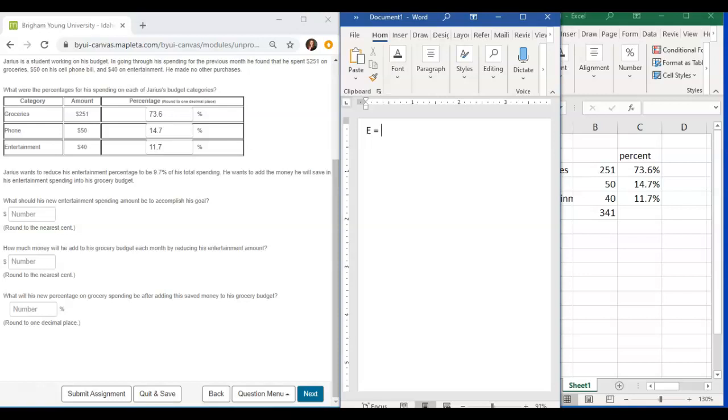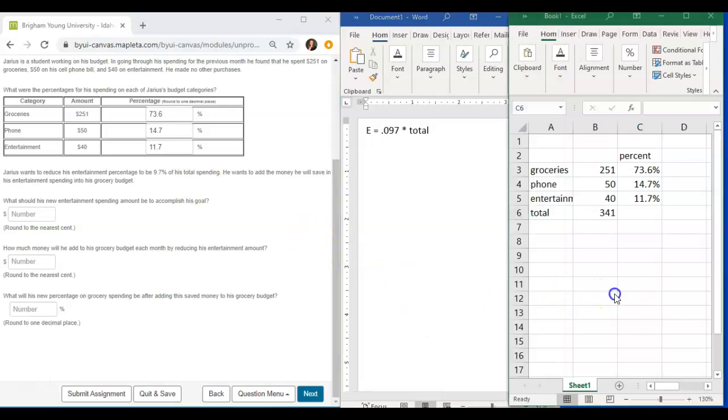Is, was, were, will be, yields, to be, different variations of that. So we're just going to do equals, and we'll do 9.7%, but because I'm going to be calculating, I'm going to change that to the decimal by moving the decimal place over to the left. So it's going to be 0.097. And of here means multiply, his total spending, which is total.